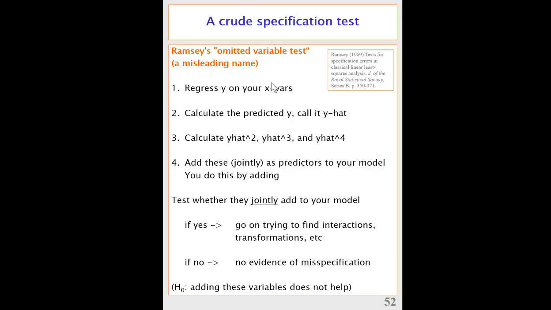I take them and I add them to the predictors that I had, and I rerun the model. And now I check, does it help to add these to the model at all? If they do, that is suggestive that the predictor variables that I used are not picking up the variation in the y variable good enough just yet.